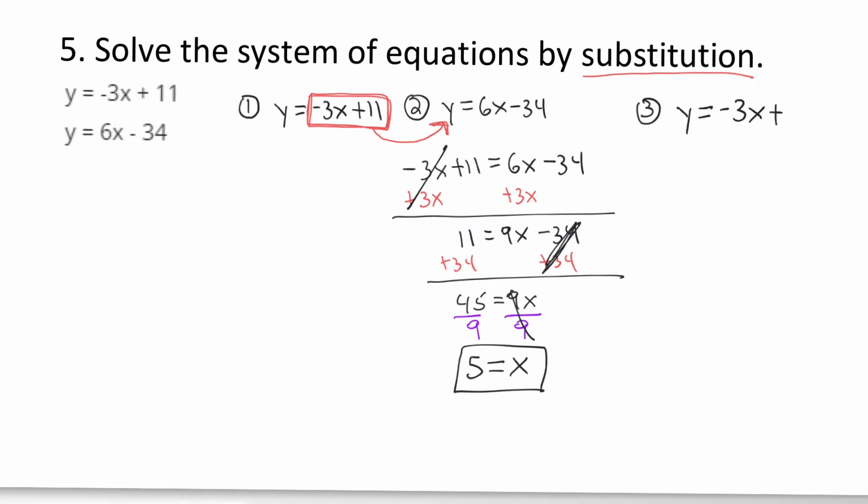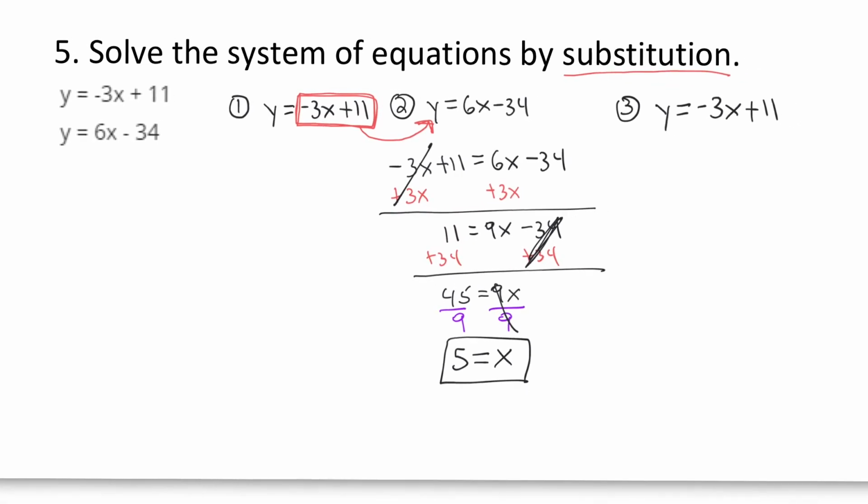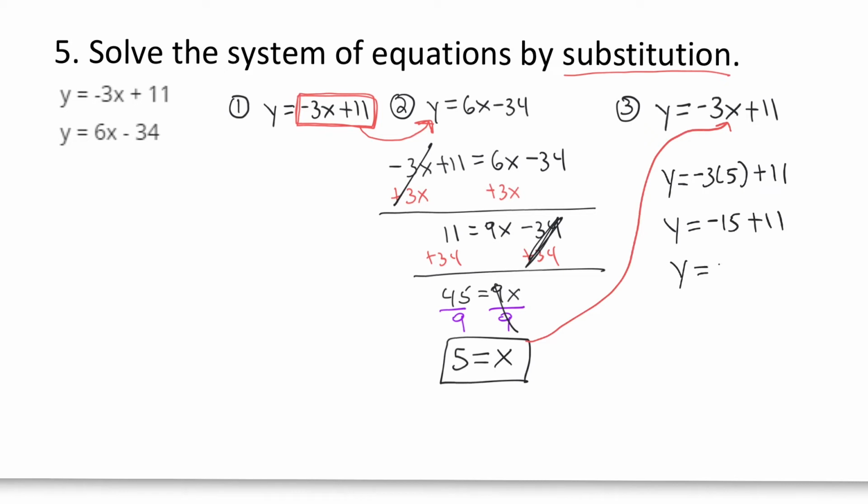The top equation is y equals negative 3x plus 11. And I'm going to substitute the 5 into the x. So we have y equals negative 3 times 5 plus 11. So you simplify. Negative 3 times 5 is negative 15, plus 11. So y equals negative 4. So that's the y value.